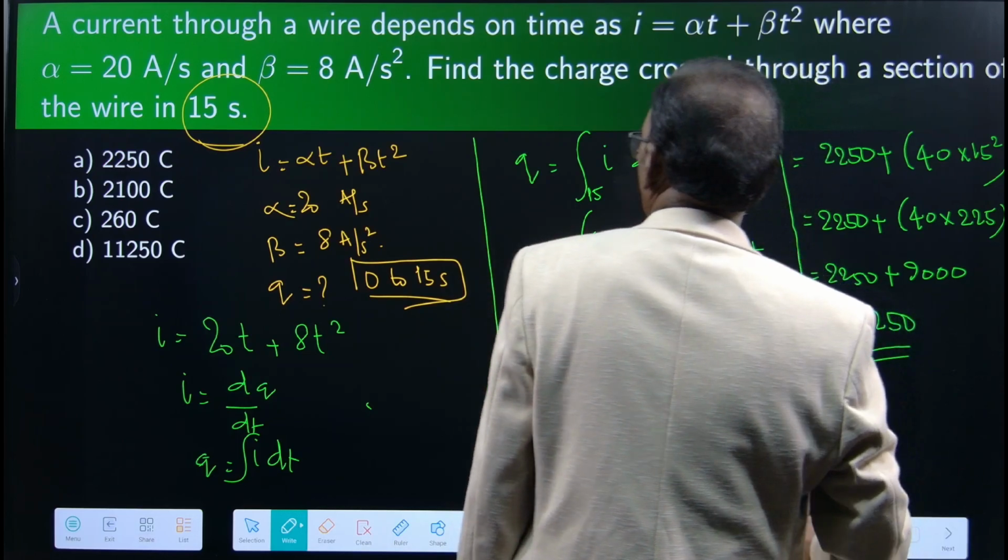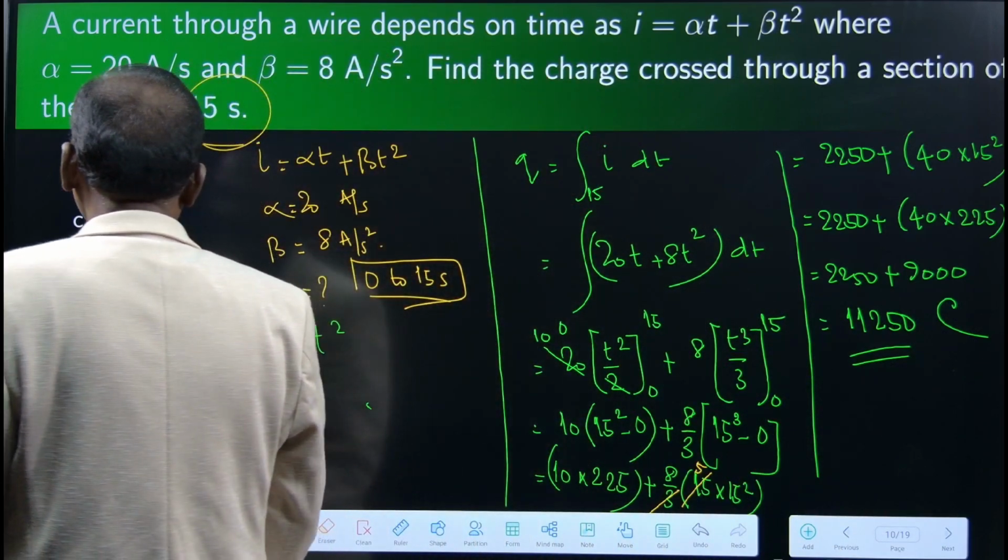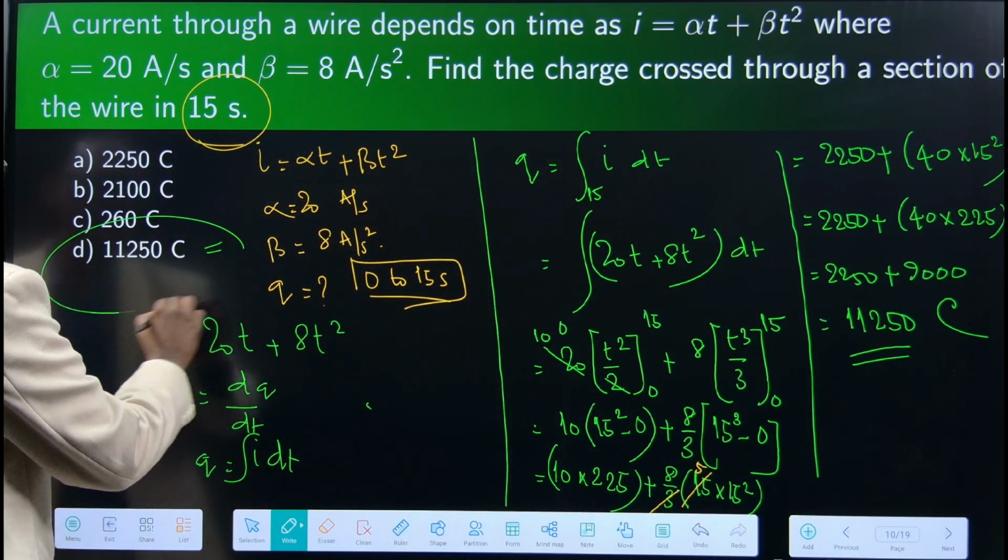The answer is Q equal to 11,250 coulomb. Option D.